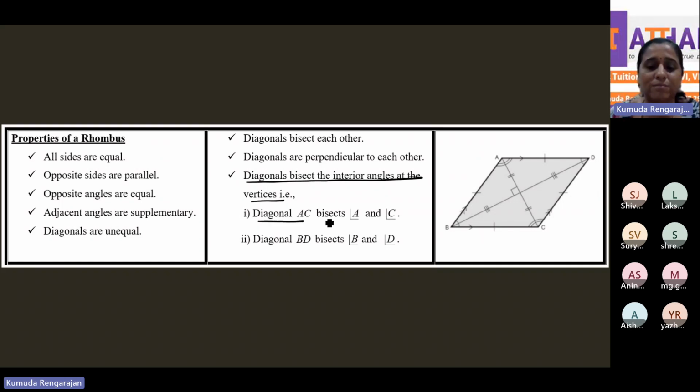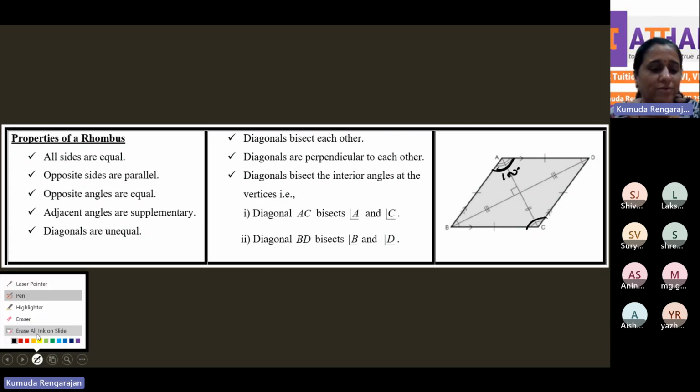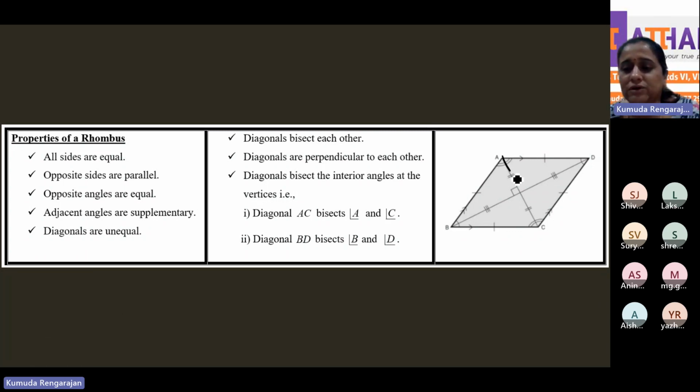That is, diagonal AC bisects angle A and C. Diagonal BD bisects angle B and D. So if this angle were say 100 degrees, then this also is 100 because opposite angles are equal. Because of the diagonal AC, it becomes 50 here and 50 here. This also becomes 50 here and 50 here.